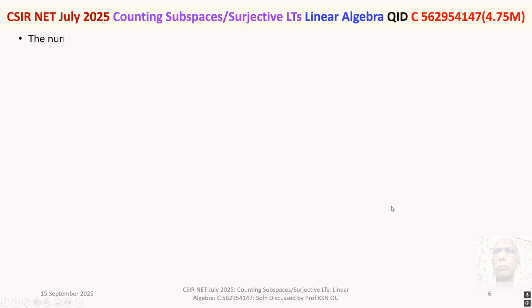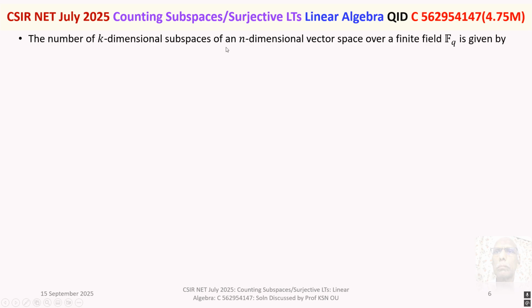Now, we recall the number of k-dimensional subspaces of an n-dimensional vector space over a finite field Fq, a finite field with q elements, is given by the Gaussian binomial coefficient.